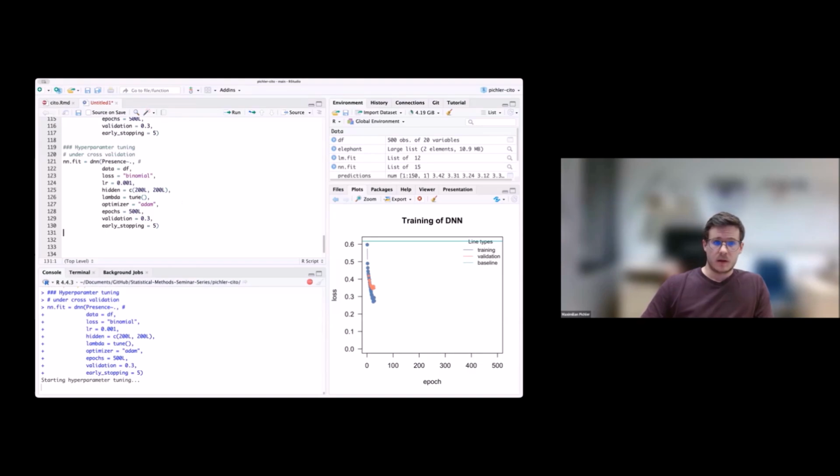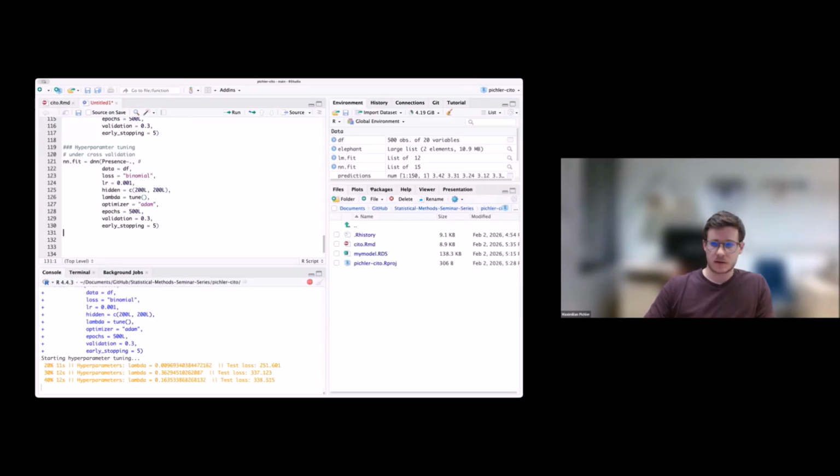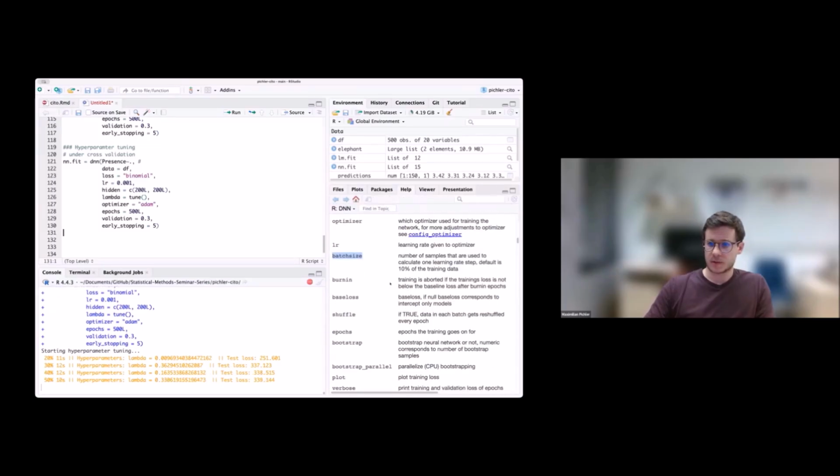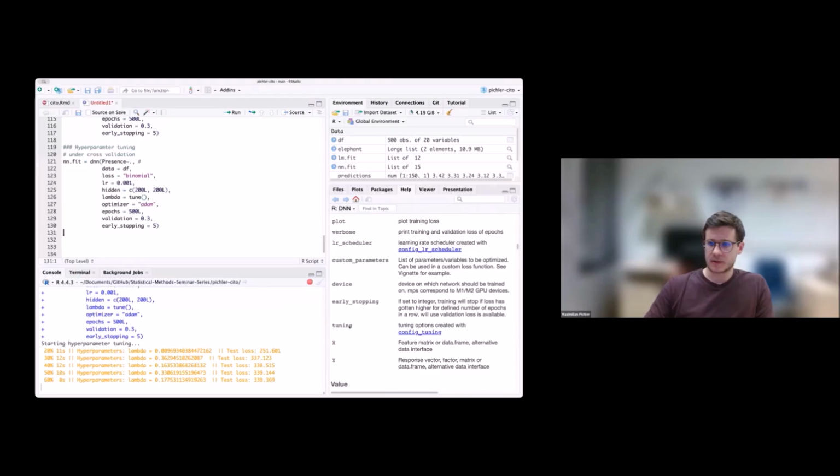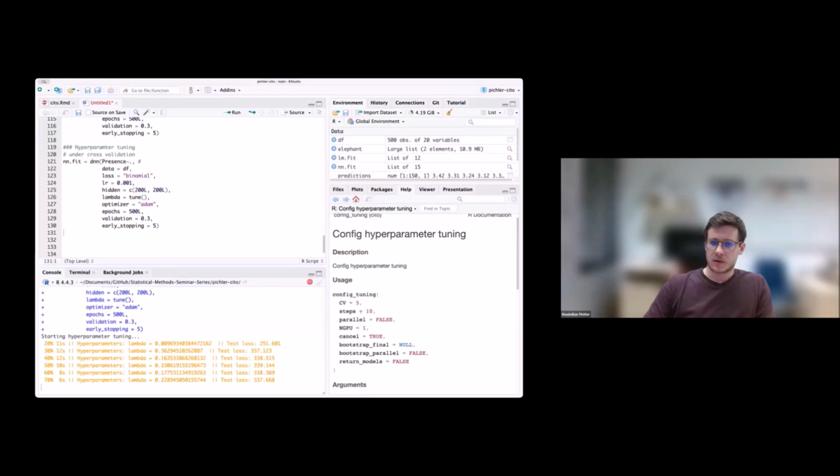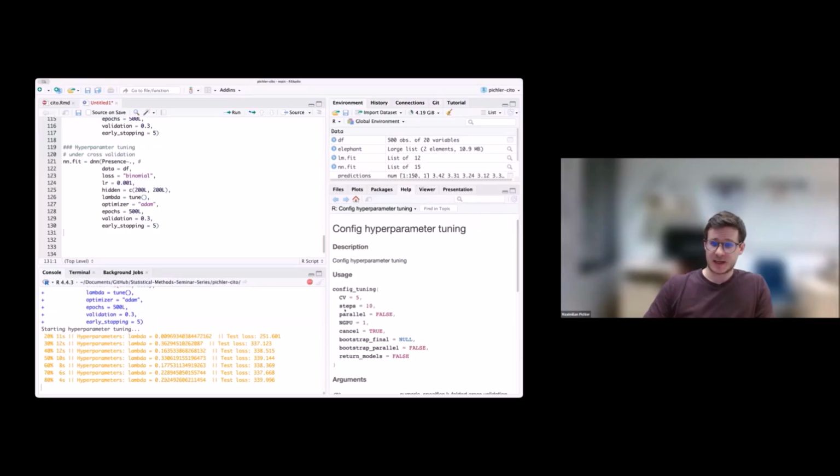And the default for this hyperparameter tuning, I'm going to check the help. So here we have the tuning option. The default is that we will sample 10 random values for our hyperparameters, and then we will do by default a 5-fold cross-validation.